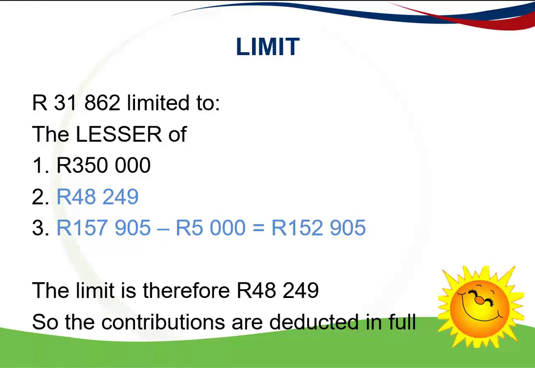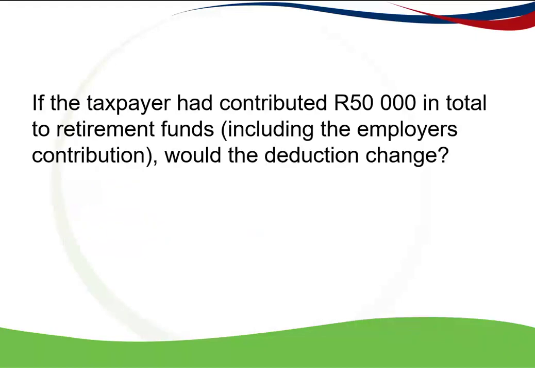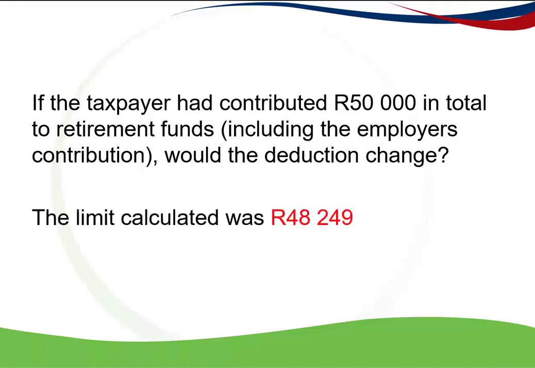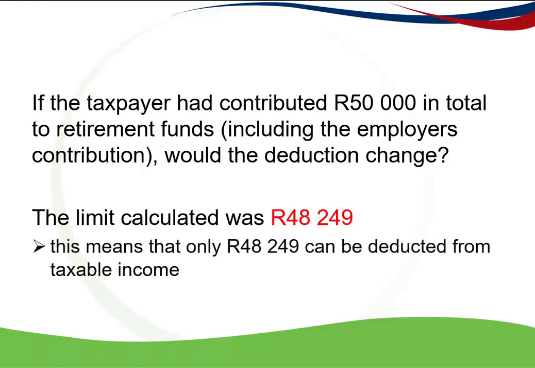What I want to look at now is, let's just change the example and say, what if this taxpayer had contributed 50,000 Rand in total to retirement funds, including the employer's contribution? Would the deduction change? Well, certainly, remember the limit was calculated to be 48,249. So that means that only 48,249 can be deducted from taxable income and not the full 50,000 that they contributed.